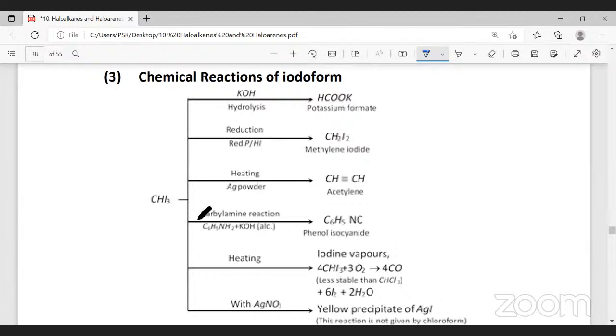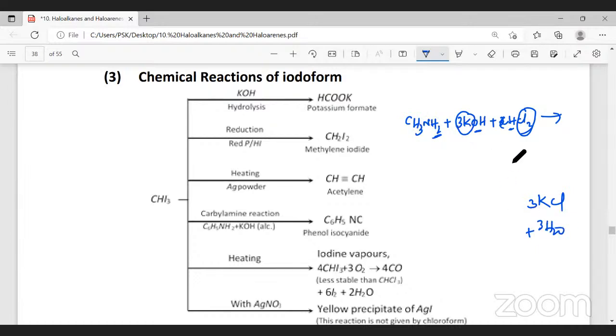Iodoform reacts with primary amines and KOH to form isocyanides. Yesterday we learned that methylamine, when heated with potassium hydroxide and chloroform, CHCl3, the 3Cl and 3K are eliminated as 3KCl, and the 3OH with hydrogens are eliminated as 3H2O.